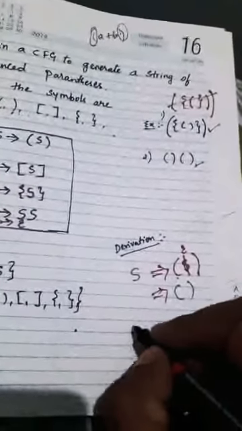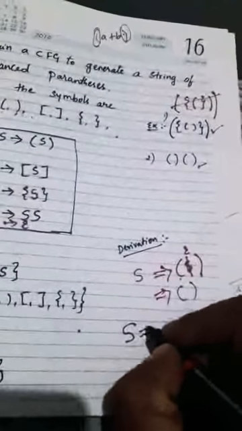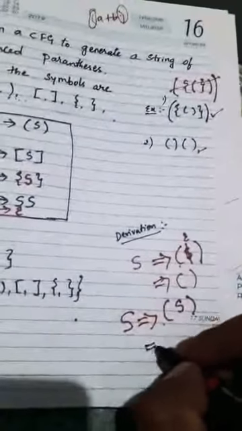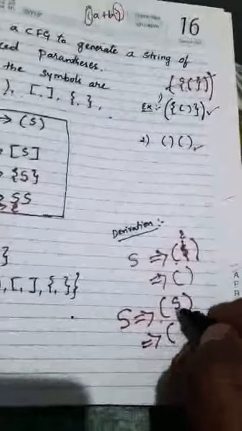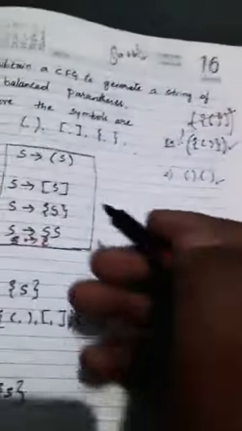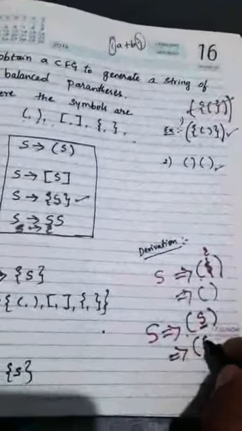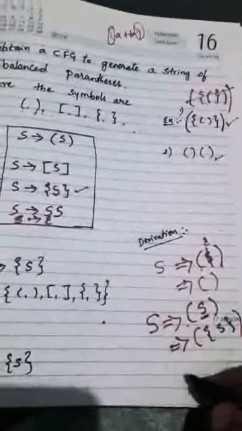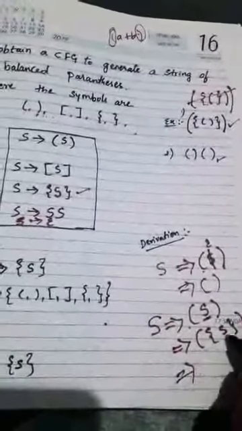Suppose I take S tends to, if I replace the value of S with this production, what do I get here? S. Now again if I replace S with the first production, I will be getting this.